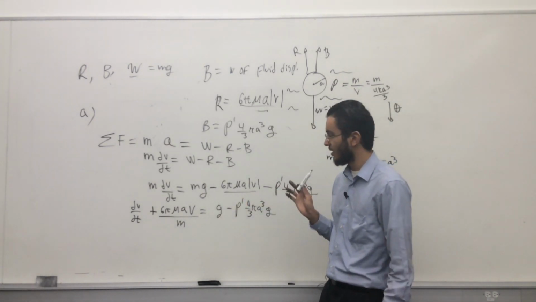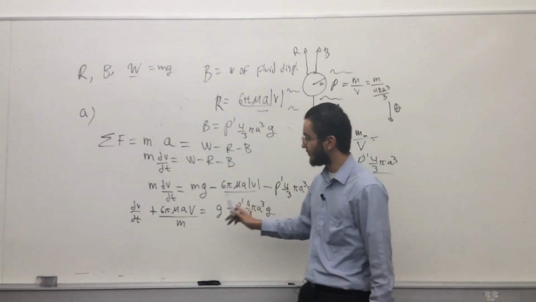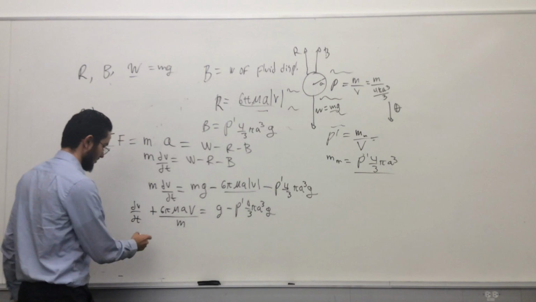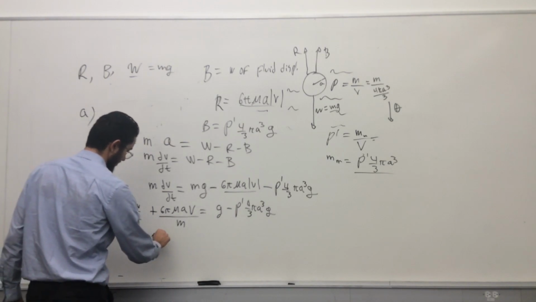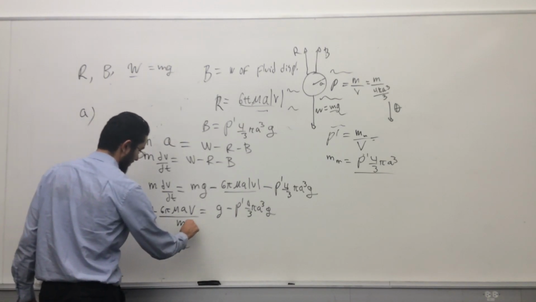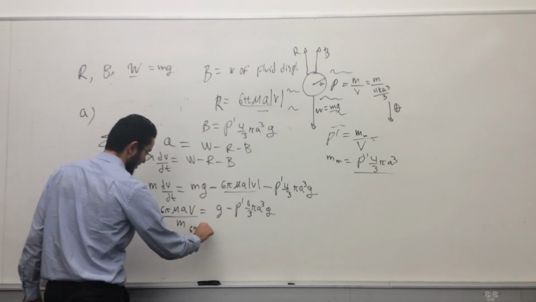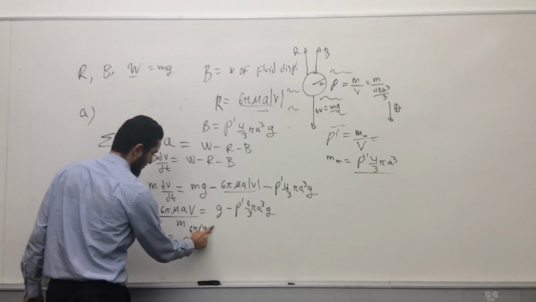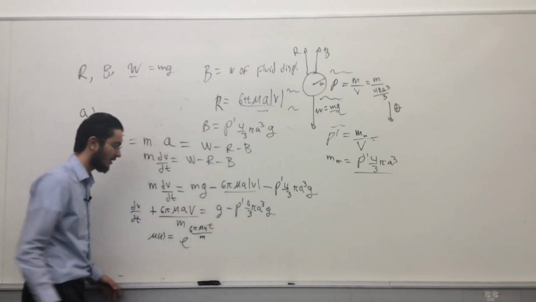Immediately from this, we can see that the integrating factor, mu of t, is going to be e to the power of 6 pi mu a times t divided by m. Oh, my apologies, not v, but t, time t, okay?